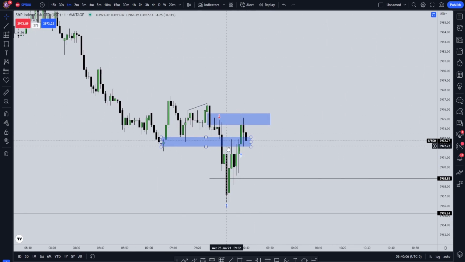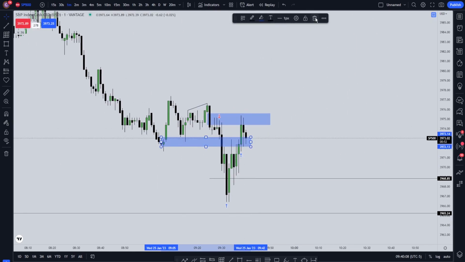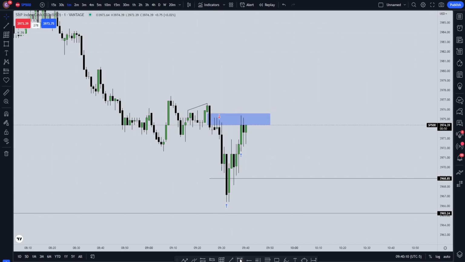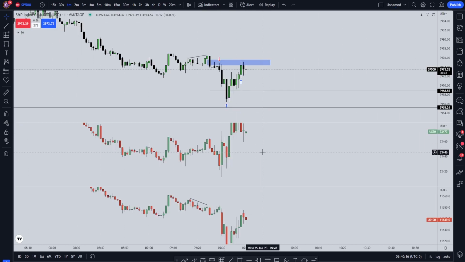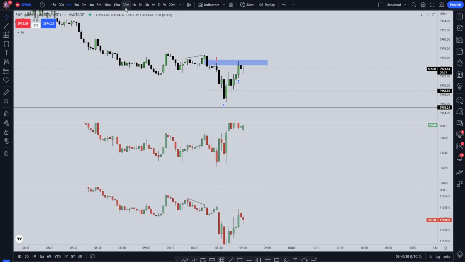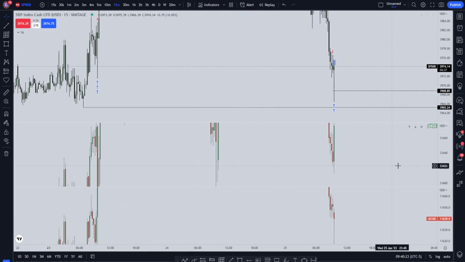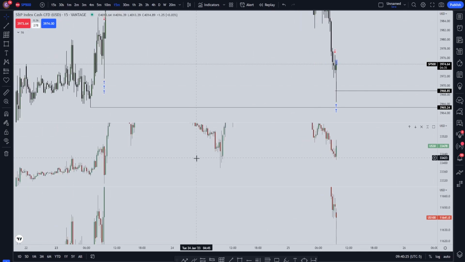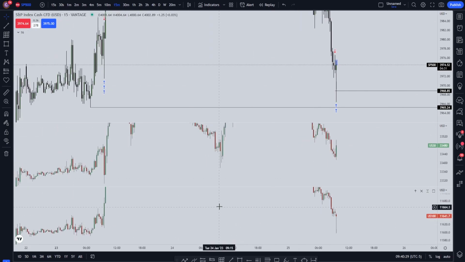Okay, so here looks like it went to reuse this fair value gap. There's this balanced price range as well. But let's see, is there an SMT? Let's have a look at the 15-minute time frame. So we do have an SMT with US30 on the 9:30 candle from yesterday.